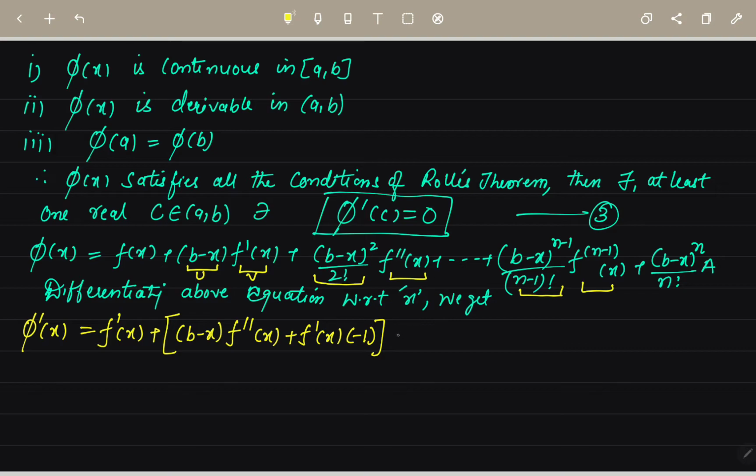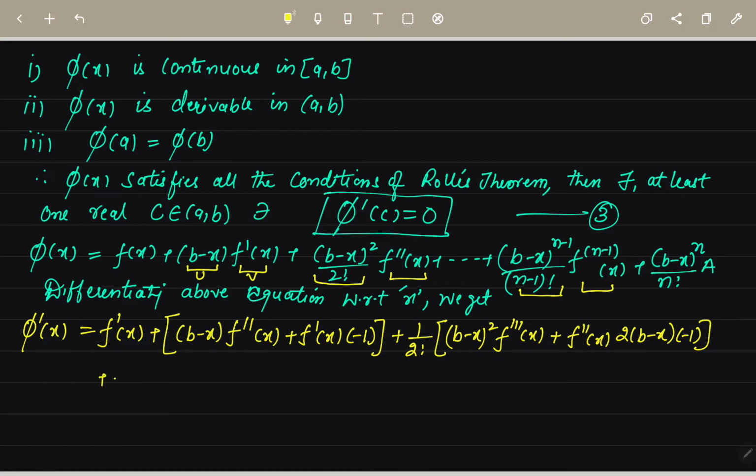Similarly, for the second term I will take 1 by 2 factorial common, and first term into differentiation of second becomes f triple dash x, plus second into differentiation of first, where the differentiation of first is 2 times (b minus x) and the derivative of minus x is minus 1. So we have to find all these derivatives in this manner.